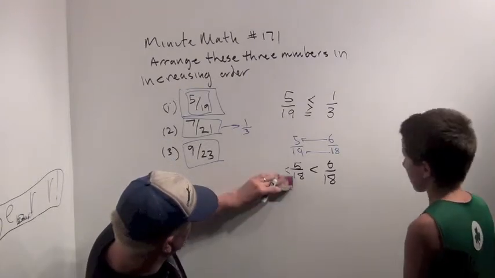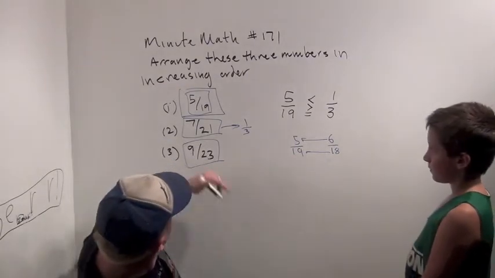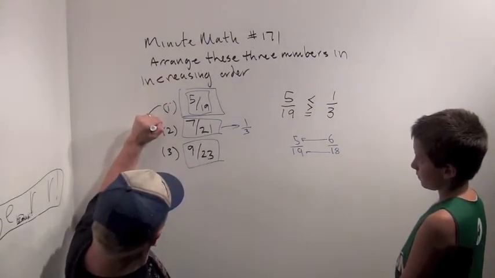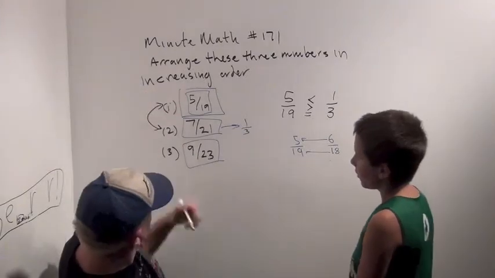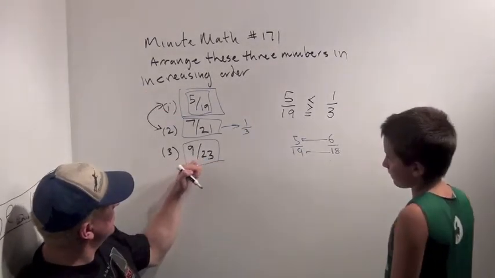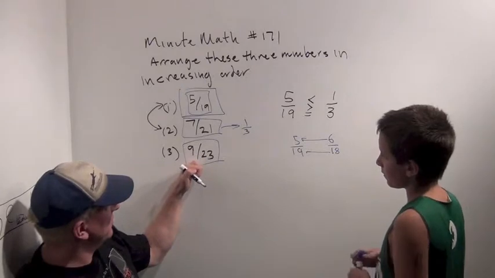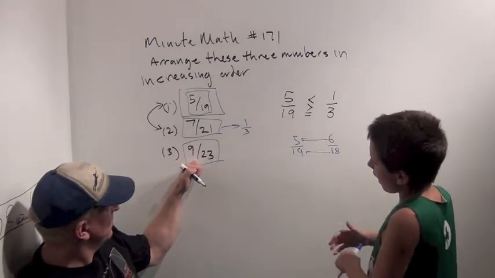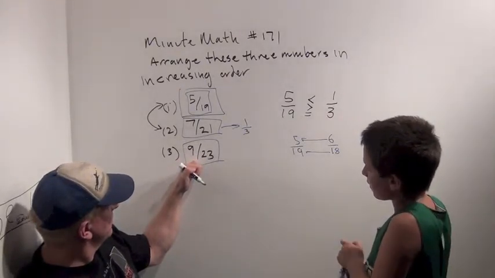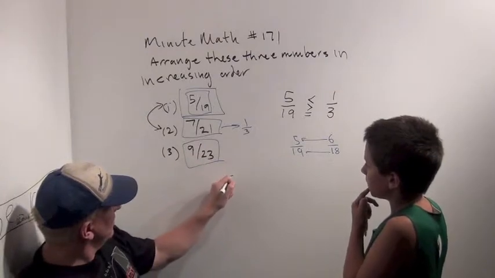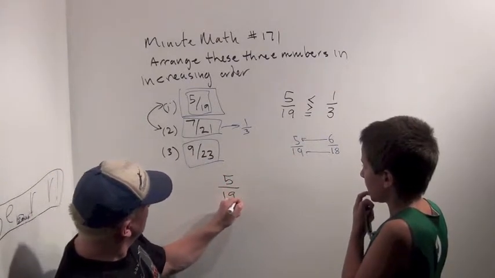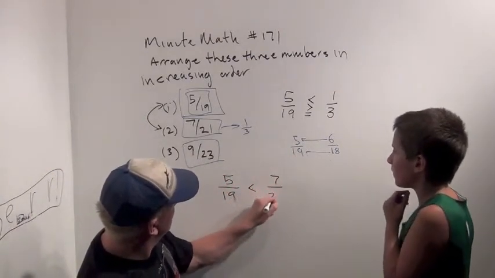Good, so we just learned that 5/19 is less than 7/21. Now I have to figure out where this one fits in.